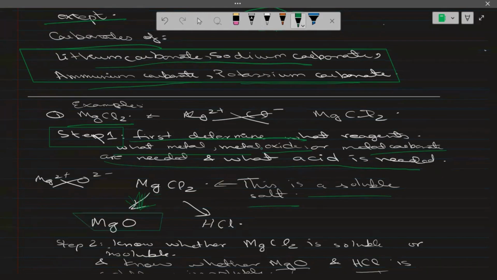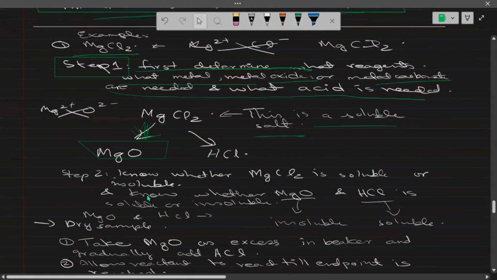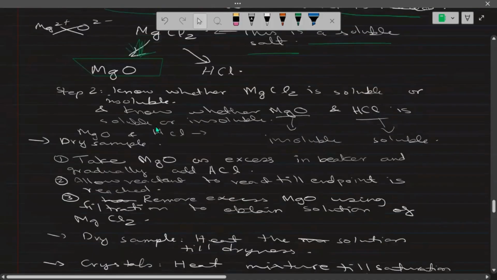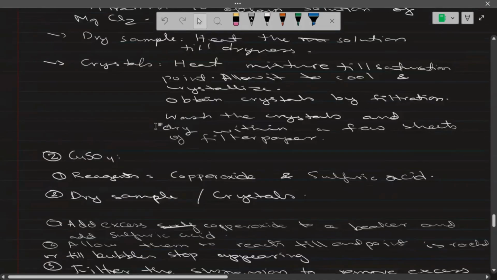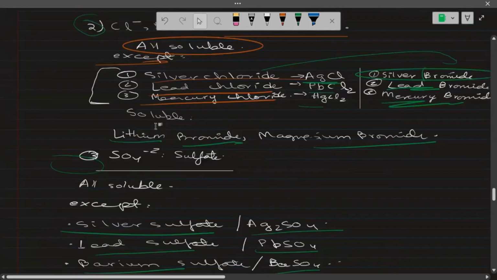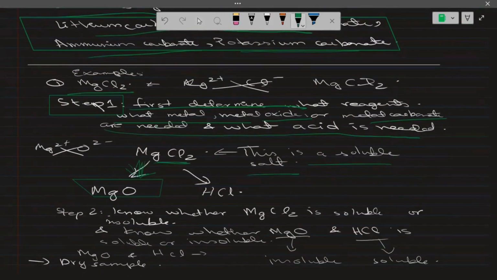Why will we try magnesium oxide? Because in oxides all the metals come, so we don't have to think too much, and we will just write magnesium oxide. Or if it were copper, then we'd write copper oxide. So magnesium oxide we have found, and for chloride, Cl, we write HCl.